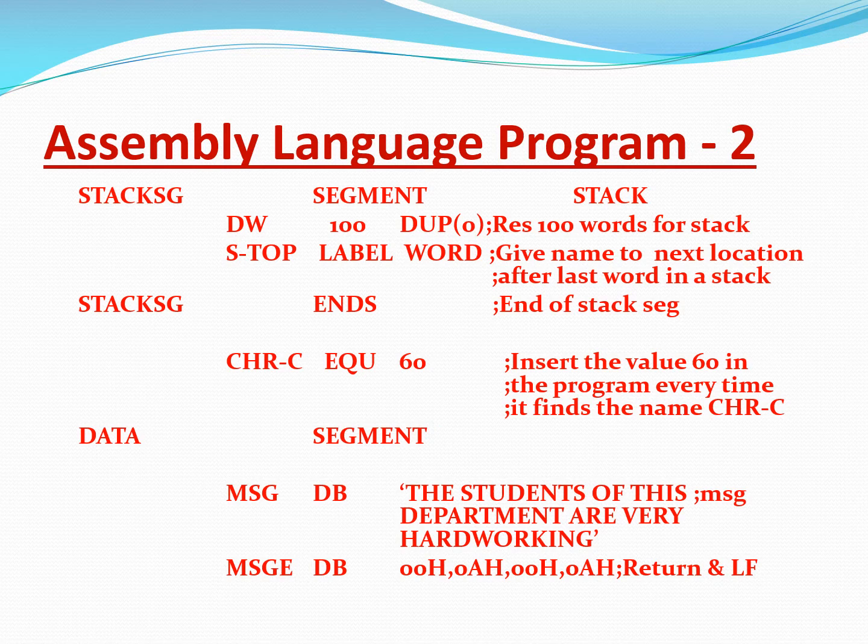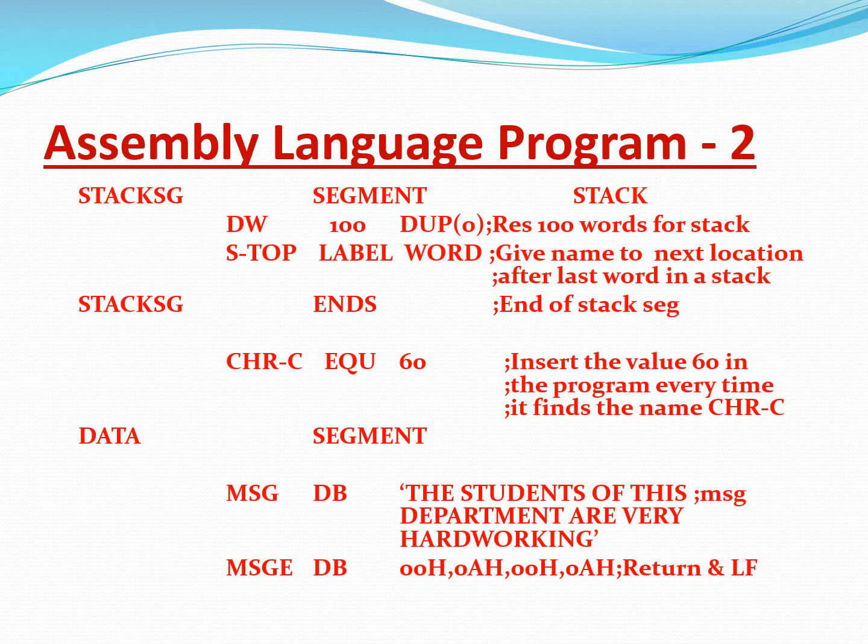S top, that is the top of the stack, label word. What this label assembler directive dictates is to give the name to the next location after the last word in a stack. Here I warn you, there are certain microprocessors in which the last stored byte in the stack is the one known as the top of the stack.